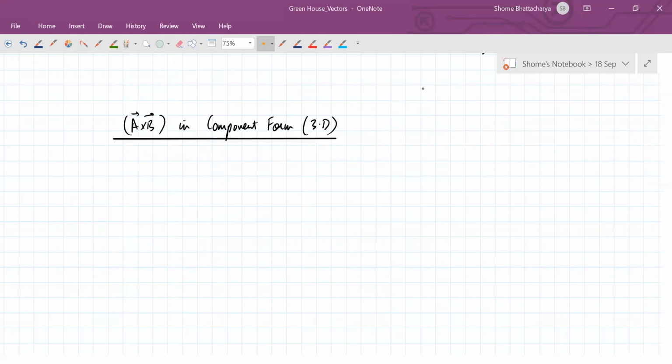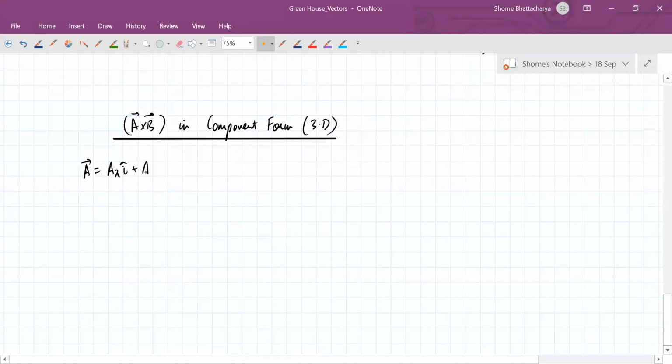Okay. So if we have a vector, we have two vectors with all three components.